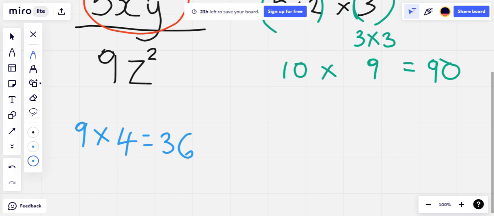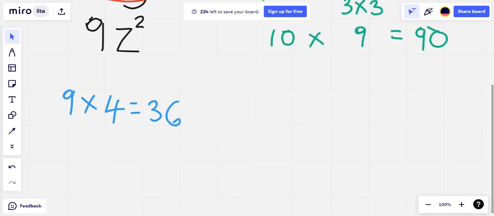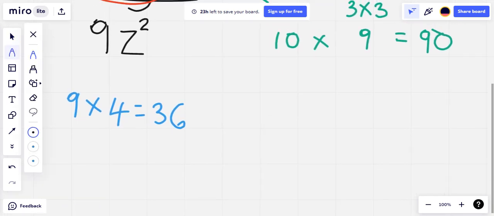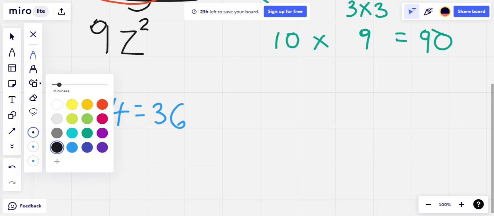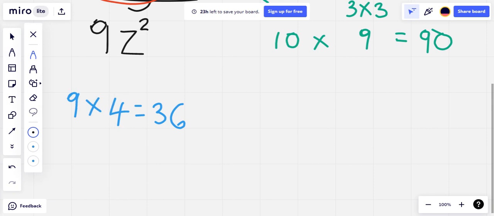So we have the bottom part. Now we can go ahead and solve. All right. Let me just bring this page up a bit. So we have 90 at the top, and we're dividing that by 36. Okay.